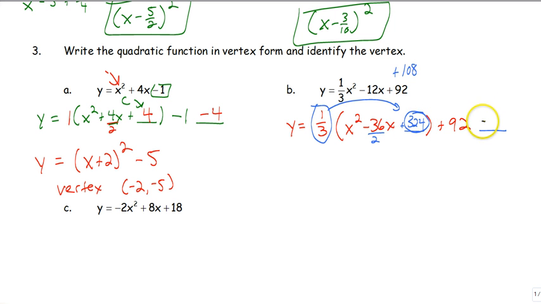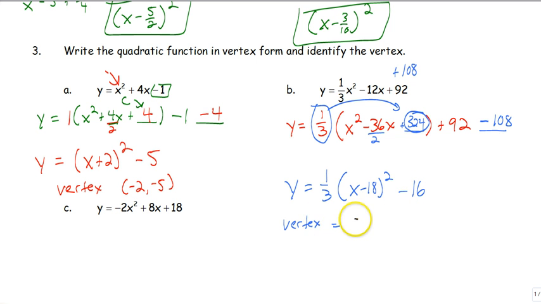So I have to balance this by subtracting a 108. So now I can say y equals 1/3 quantity x minus 18 quantity squared, because this is the perfect square trinomial that I could factor. And 92 minus 108, you should get negative 16. And my vertex is equal to 18 comma negative 16.